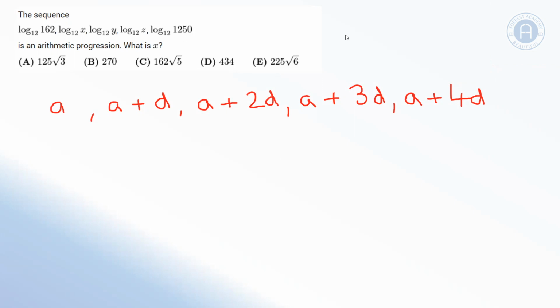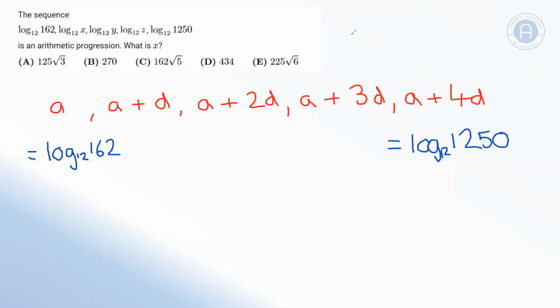So we know that our first term, a, is equal to log base 12 of 162, and our fifth term is equal to log base 12 of 1250. So we know that a is equal to log base 12 of 162.